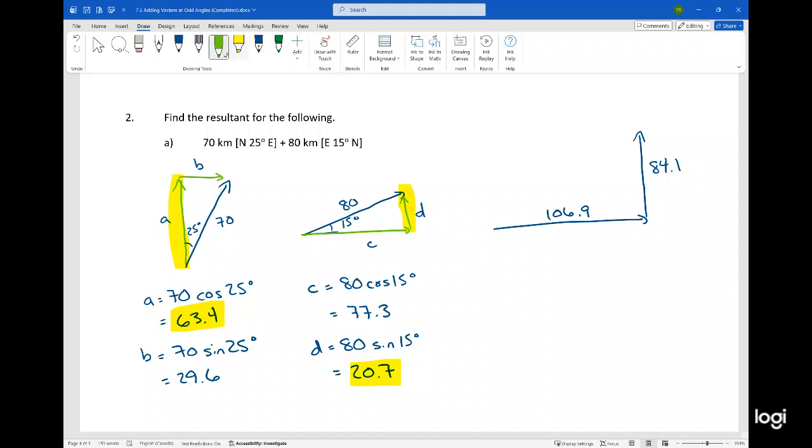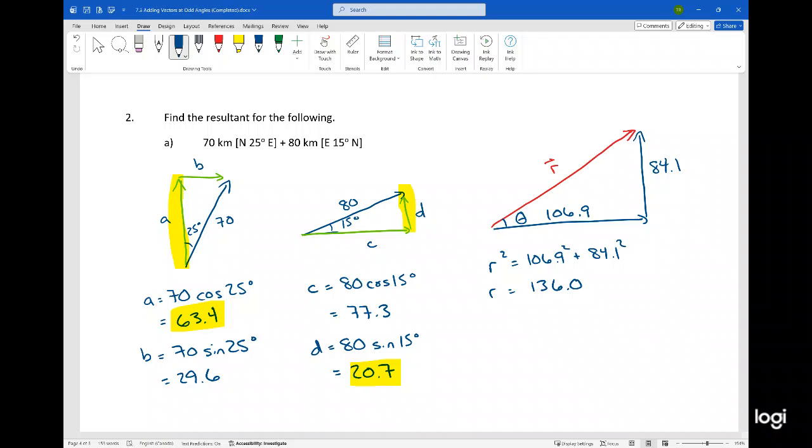All right, and then I just do what I would do the other day in the last lesson and say this is my resultant vector. This is my angle theta, and then we'll use Pythagorean theorem and SOHCAHTOA. So r squared equals 106.9 squared plus 84.1 squared, which I'm definitely not doing in my head. And I'm getting 136.0. If you don't put the 0 there, that's not a big deal.